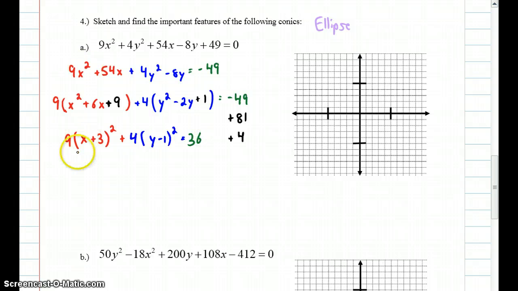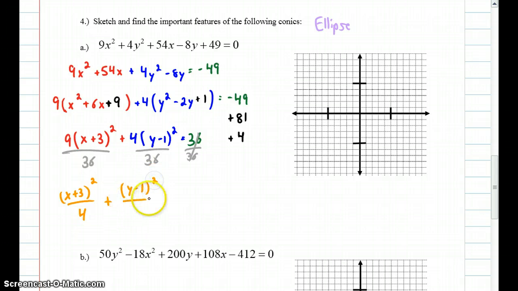The last thing I need to do is divide both sides by 36, so that I have, well, 9 over 36 leaves a 4 in the denominator, (x plus 3) squared over 4, plus (y minus 1) squared over, and 4 out of 36 leaves a 9 in the denominator, equals 1.